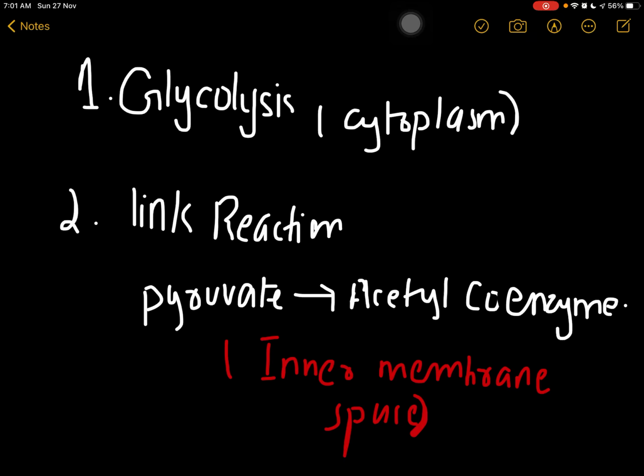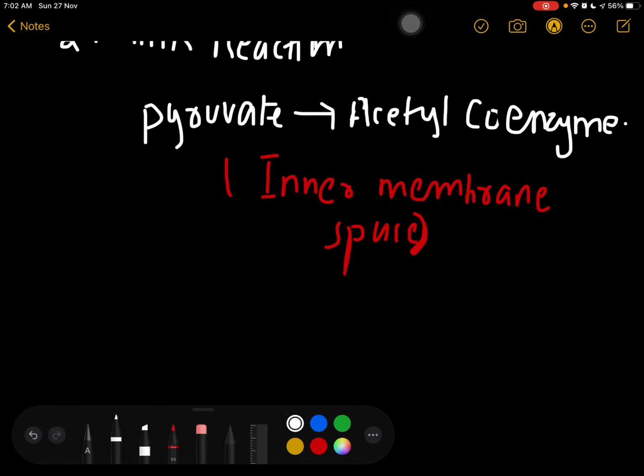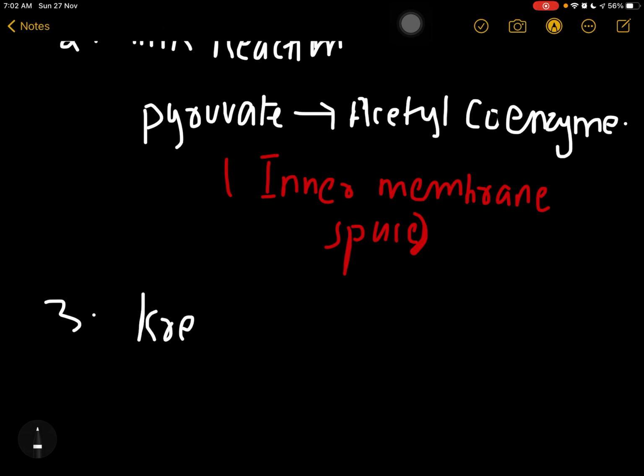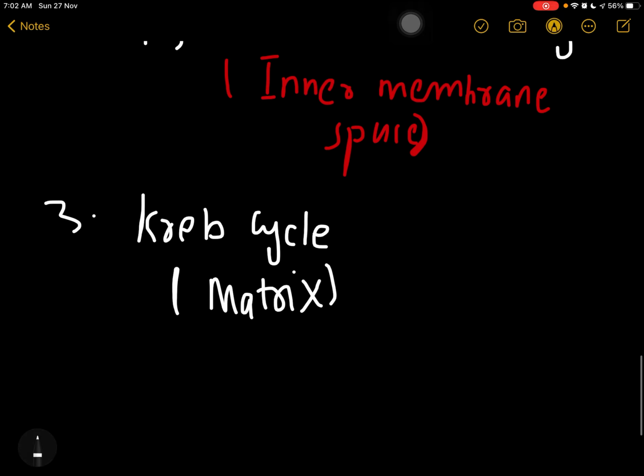Now third we are having the Krebs cycle. It occurs in the matrix. Number four, which is the last step basically, is the electron transport chain.